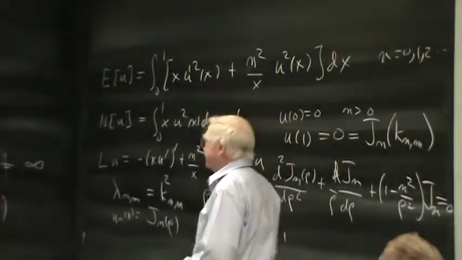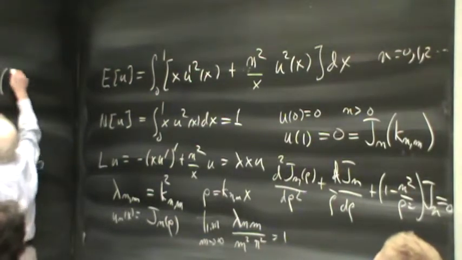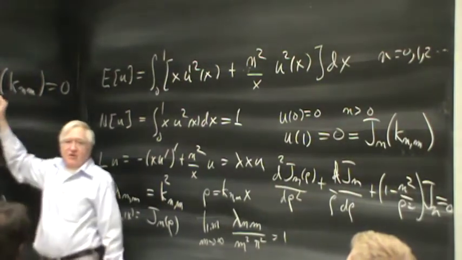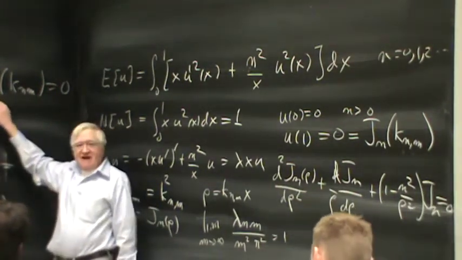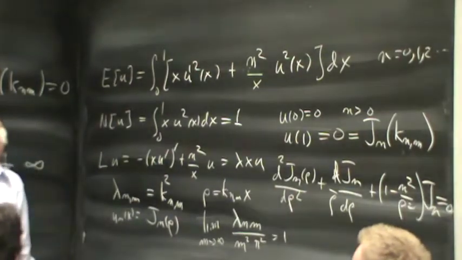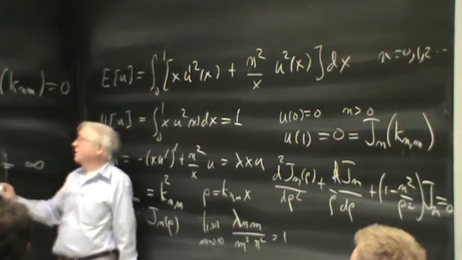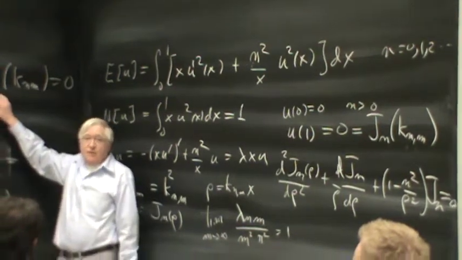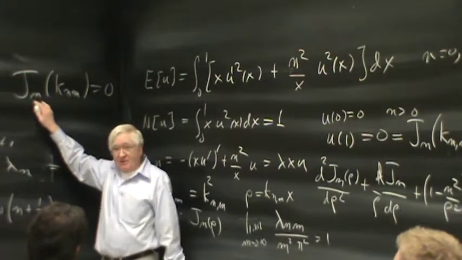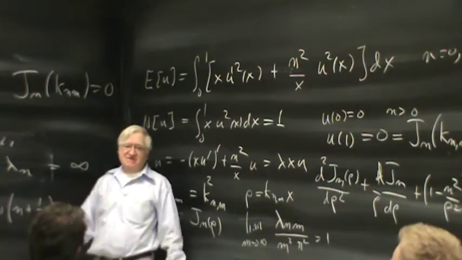In other words, you solve the equation J_n of k_nm equals 0, and you know what J_n is. Now, the reason why these things were state secrets is that solving this isn't trivial, because J_n is not a linear function, it's not even a polynomial, it's an infinite series, and it's not even a simple infinite series.